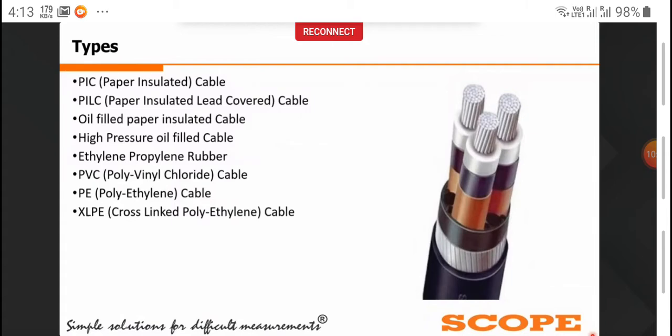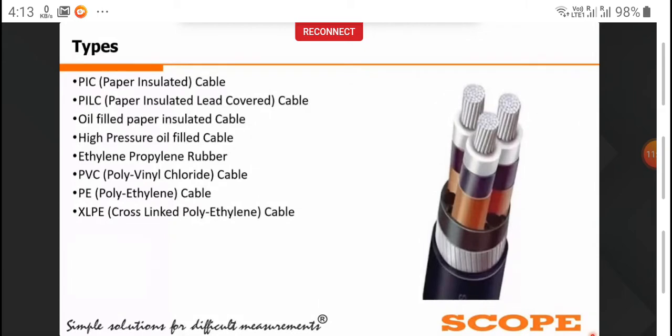After that, cross-linked polyethylene cables were developed, which are used for higher temperature applications, up to 250 degrees centigrade. They have better aging characteristics, and the insulation resistance is very high.